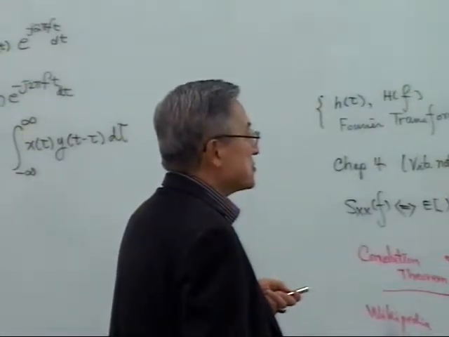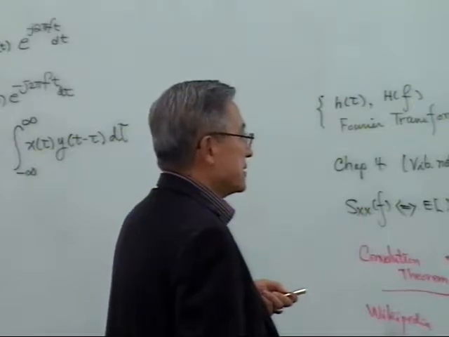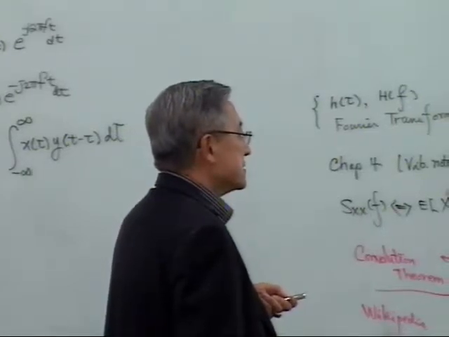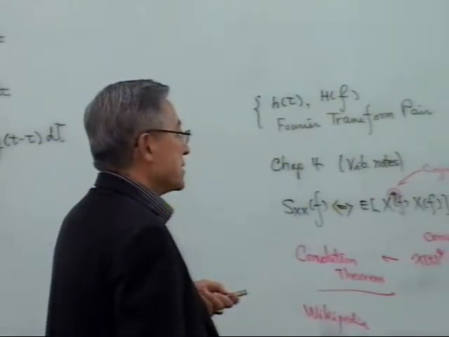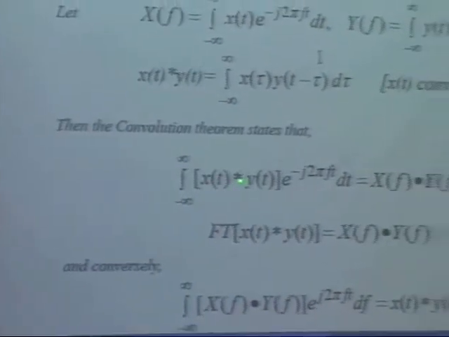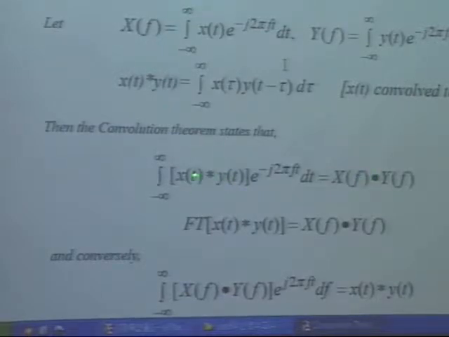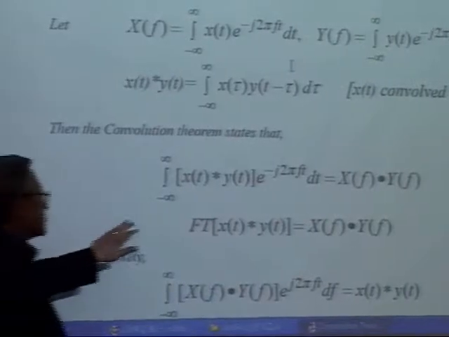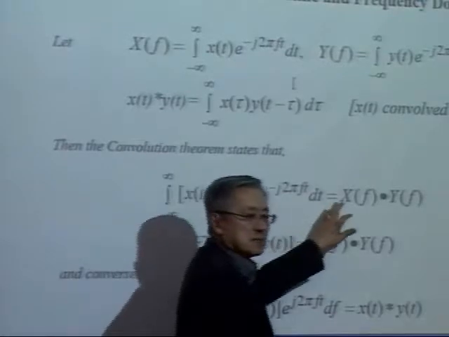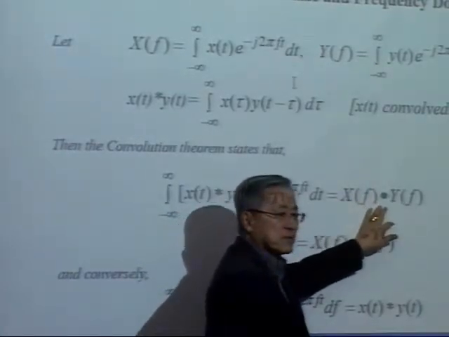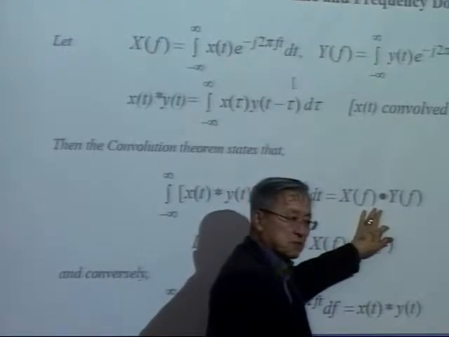Then the convolution theorem states that in the time domain, going into the frequency domain, the convolution goes to multiplication. Convolution in one domain is multiplication in the other domain. Convolution in the time domain becomes multiplication in the frequency domain.